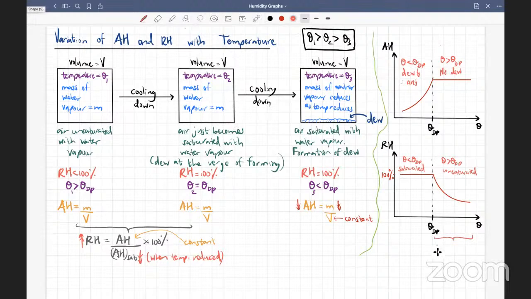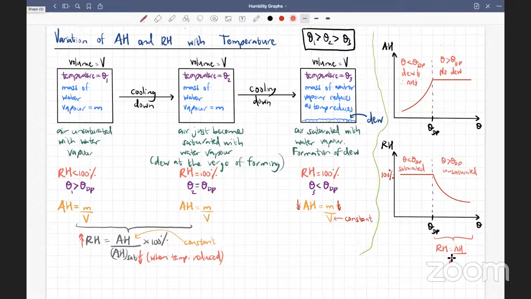The reason is we know RH is equal to AH over AH saturated, into 100. So when temperature is increased, AH saturated will increase. It's not very clear, let me rewrite it.